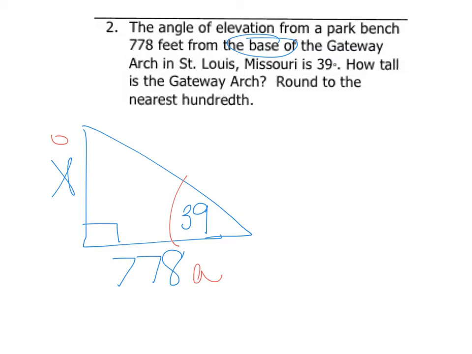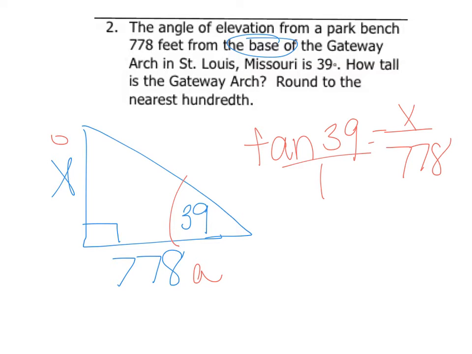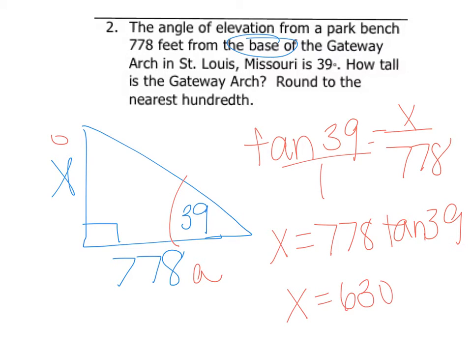O and A means I'm going to be using tangent of 39 is equal to x over 778. At this step, we're going to cross multiply. I get x is equal to 778 tan 39. And I'm going to plug this in my calculator. Rounding to the nearest hundredth, I get that x is equal to 630.01.